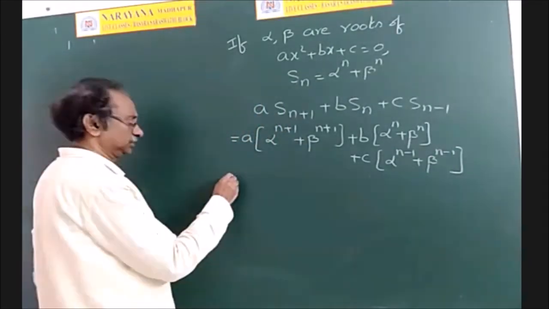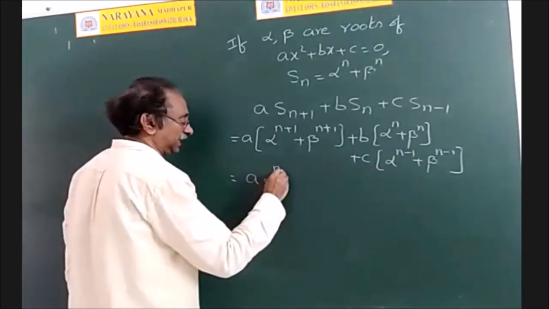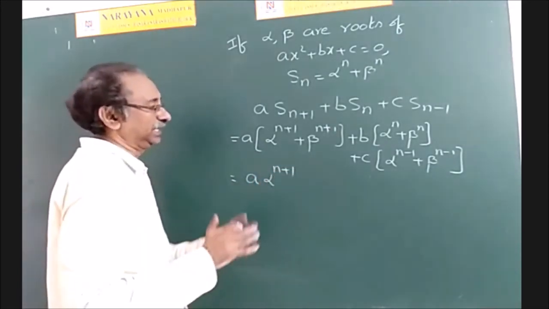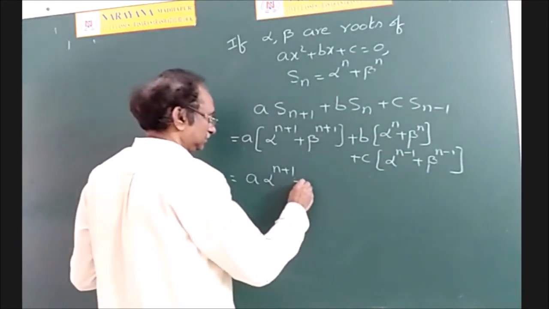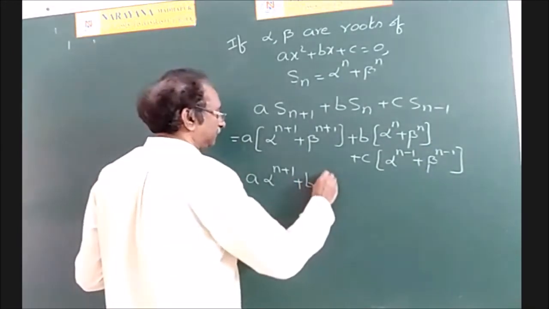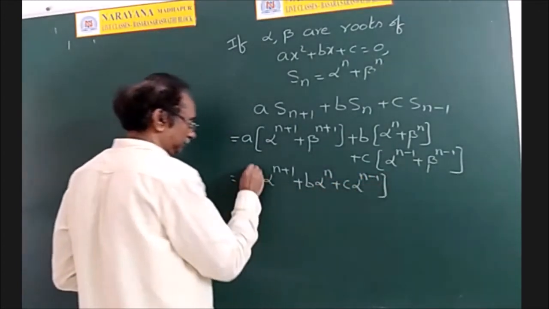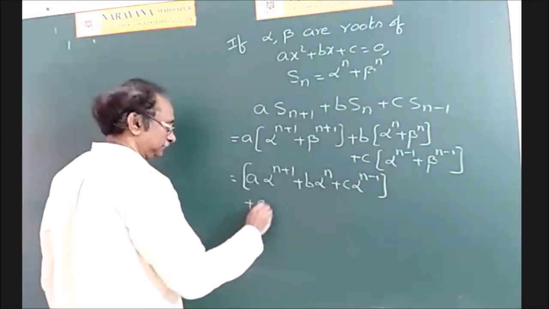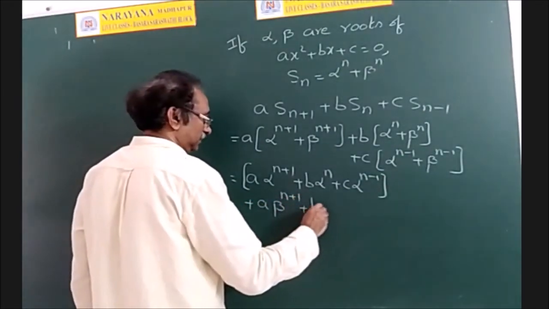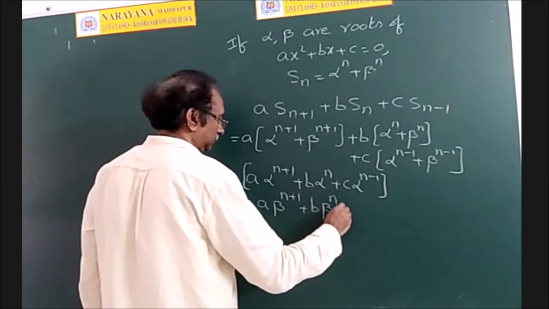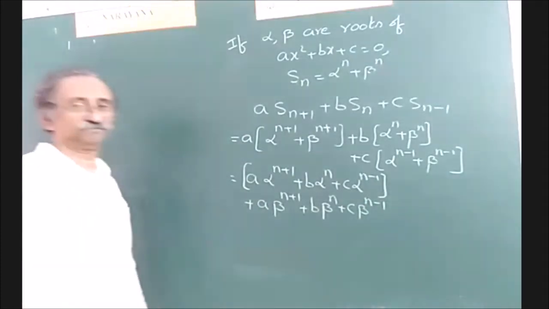Okay, so this is equal to a into alpha power n plus 1. So I am writing all the terms containing alpha at one place. That is b into alpha power n plus c into alpha power n minus 1 plus a into beta power n plus 1 plus b into beta power n plus c into beta power n minus 1.